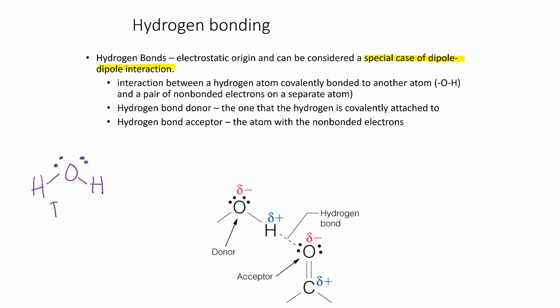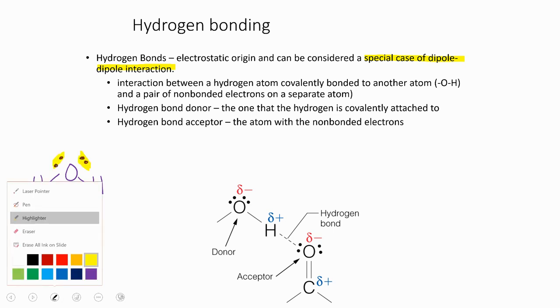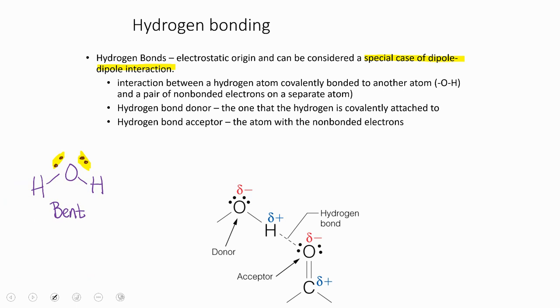Water is bent, okay? And as a bent molecule, if you take a look at that structure, you have electrons on one side of it, right? You have electrons on this side. Okay, and so right away, this end of the molecule is more negative than the other end.